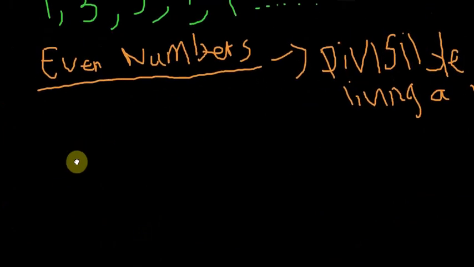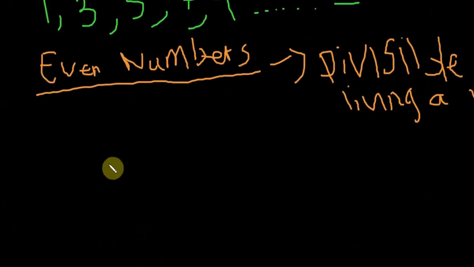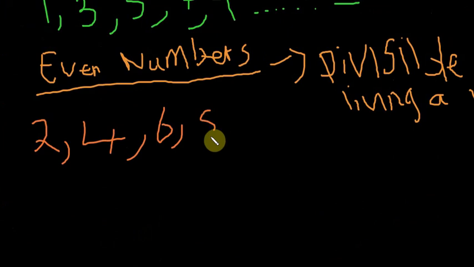Even numbers are numbers that are divisible by 2 without leaving a remainder. Examples of even numbers: 2, 4, 6, 8, 10.